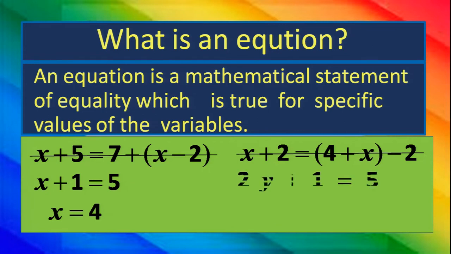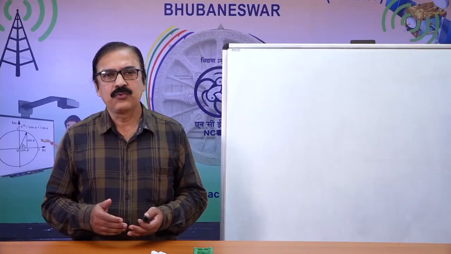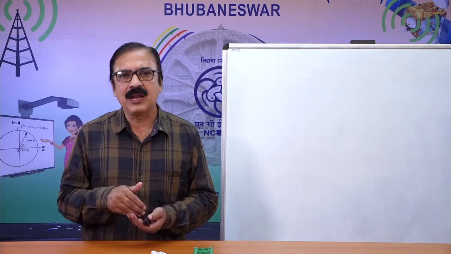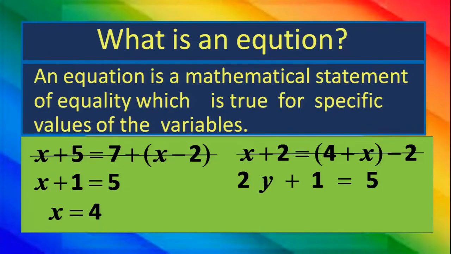Let's consider another situation. This is 2y plus 1 is equal to 5. That means twice of which number, added with 1, gives 5? Definitely it is 2. So 2 into 2 gives 4, plus 1 gives 5.